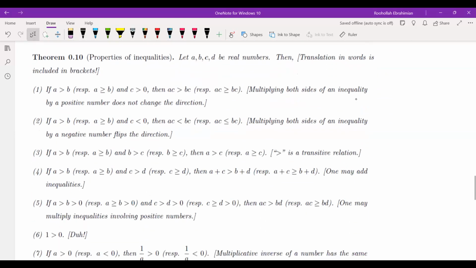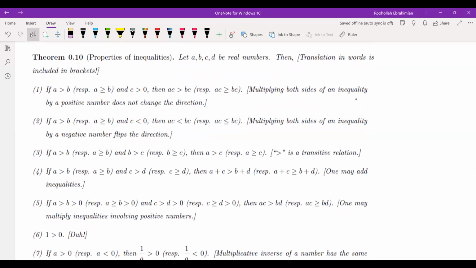Okay, so the next theorem is on properties of inequalities. If you have 4 real numbers a, b, c, d, then we have these properties. There are a lot of properties, so I'm going to quickly go through them. The first one tells you that if you have an inequality and you multiply both sides by a positive number, then the inequality doesn't change.